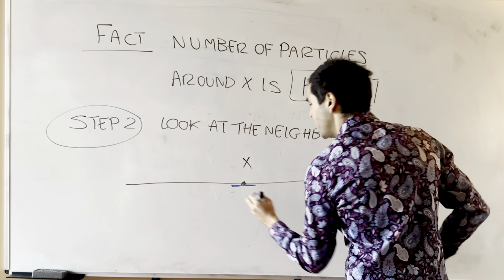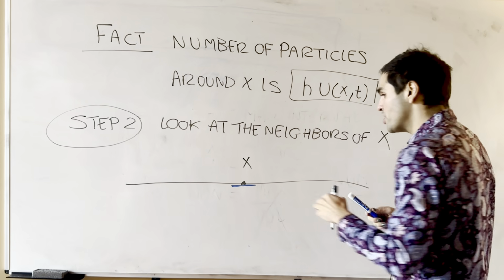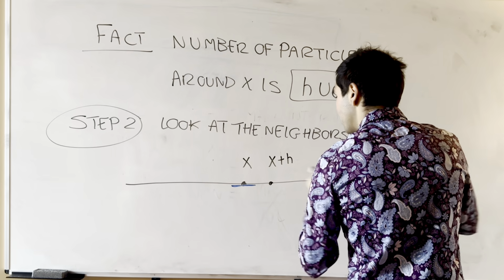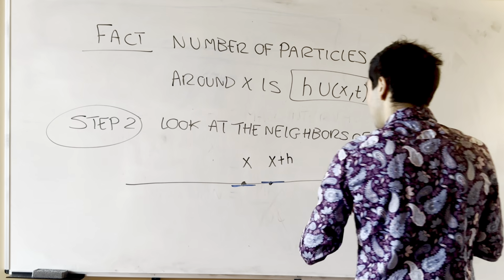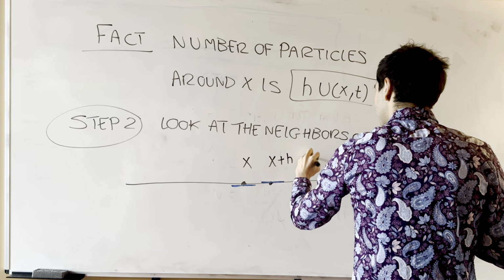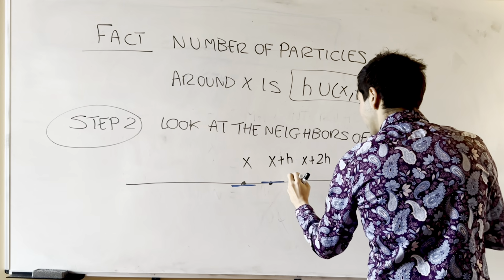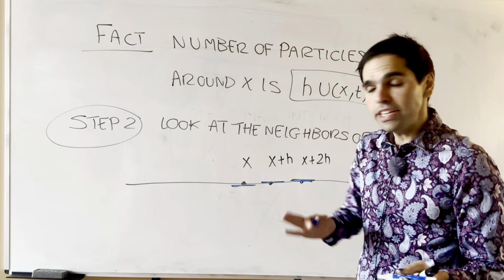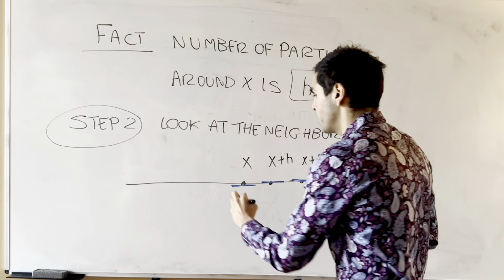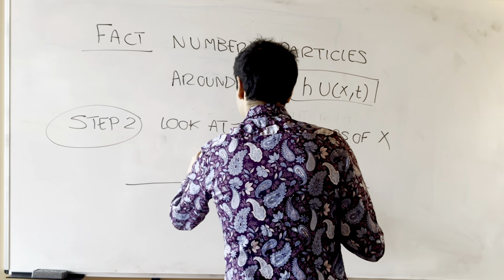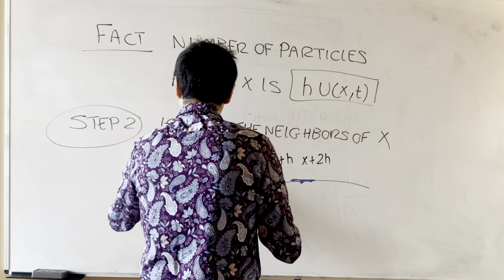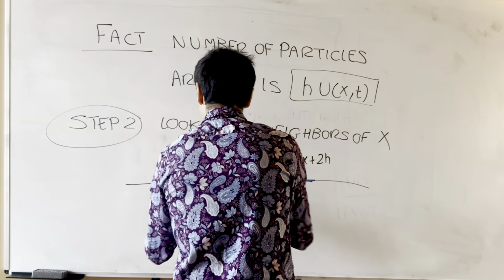So this is a small interval of length h, and then we have the neighbor, x plus h, and we want to divide this up also, and then x plus 2h, etc., etc. So that's sometimes called a partition. We want to partition the interval into those little neighborhoods. x minus h, and x minus 2h, etc.